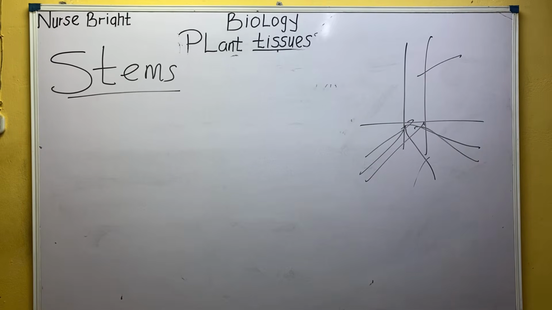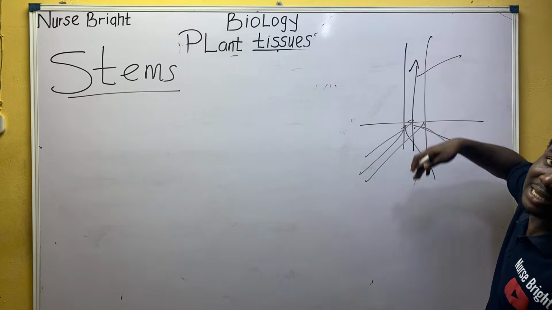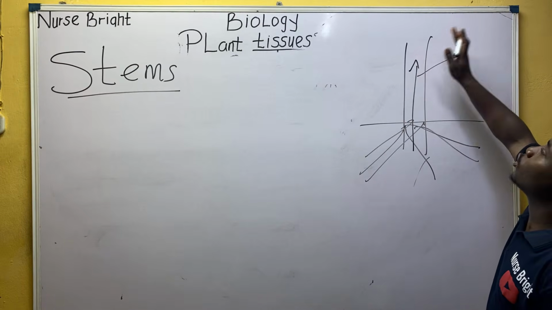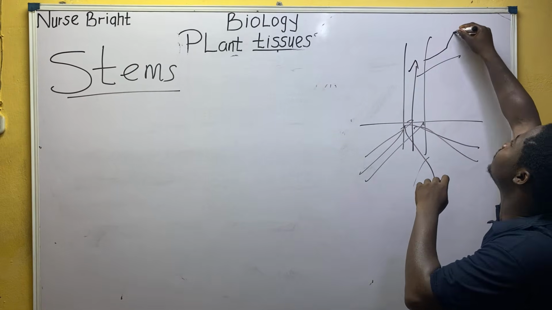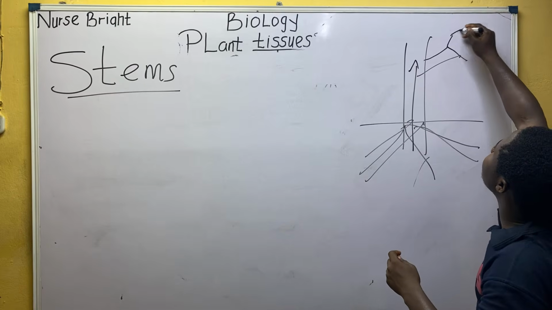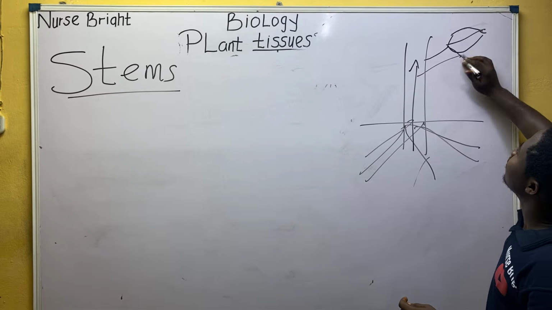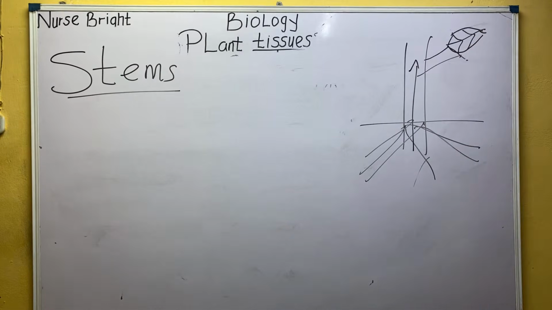Through it, the xylem tissue transfers water and minerals, and the phloem tissue transfers food substances. You get what I'm saying? So its function is support, another function is transport of water, minerals and food substances, and it also helps to store food.